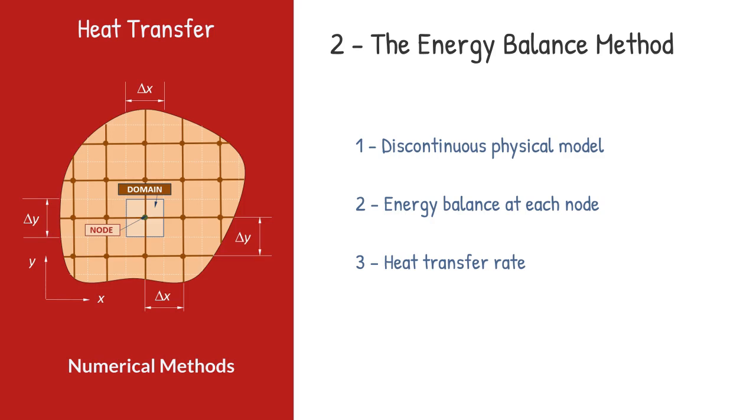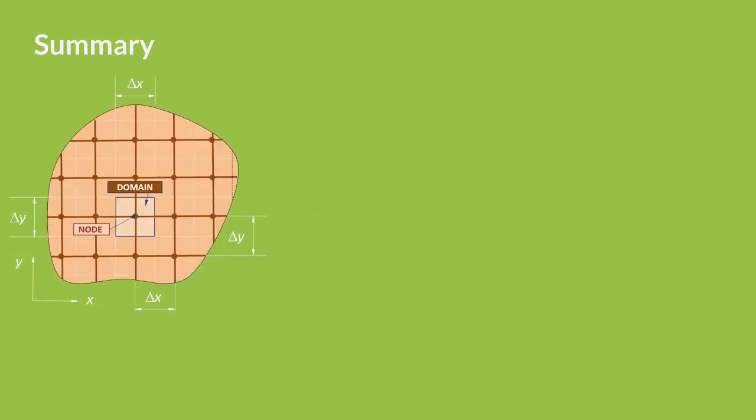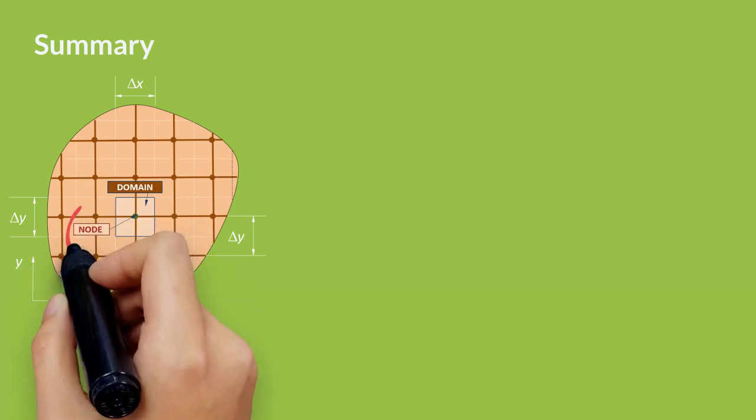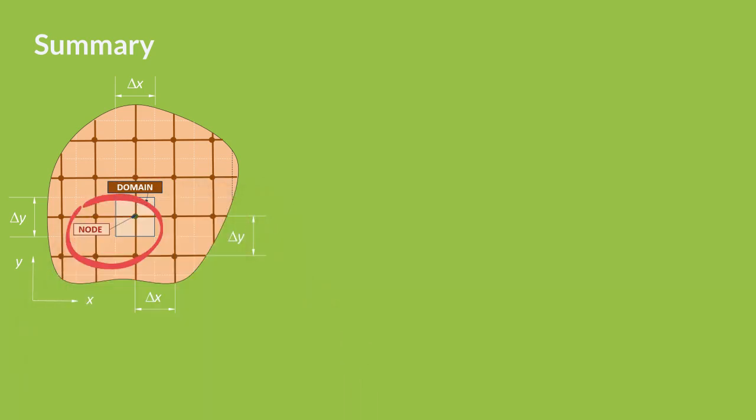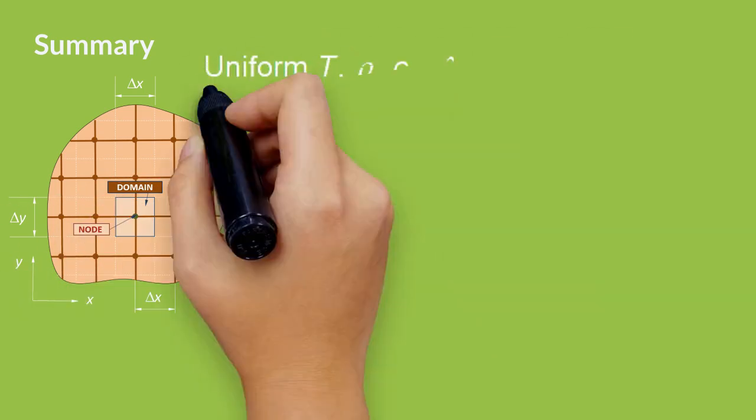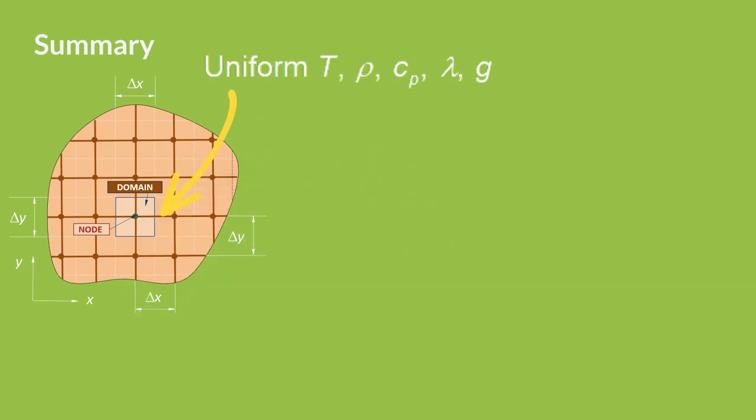Summary. The energy balance method is based on dividing the medium into a sufficient number of volume elements. These elements are called domains. The node is the representative point of the domain. It is based on the assumption that in each domain the properties, the heat generation and the temperature are all uniform.